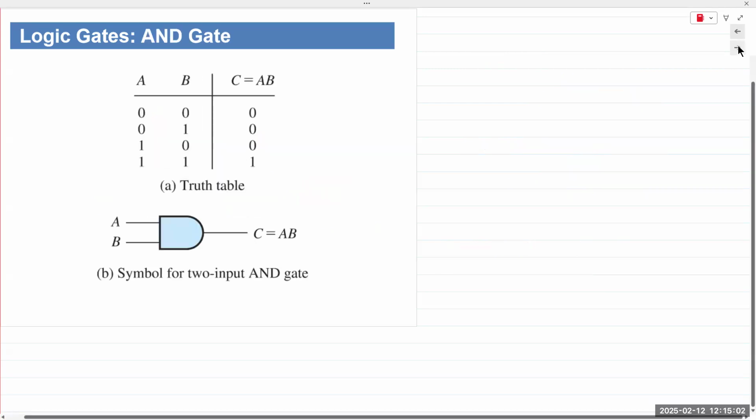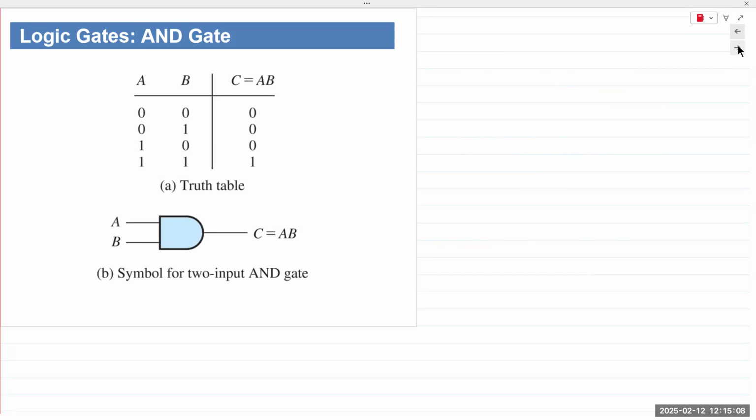Then we have the AND gate. In the English language, AND would simply mean you're adding things up. If we say 2 and 3, we might mean 2 plus 3.